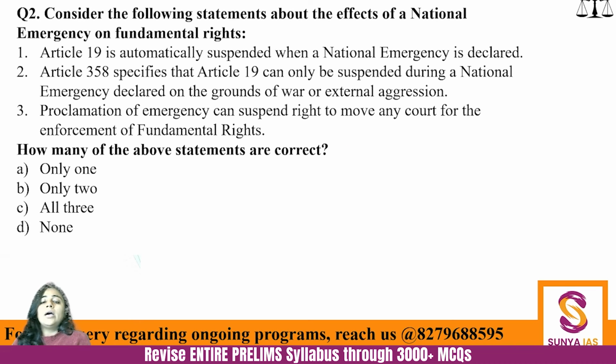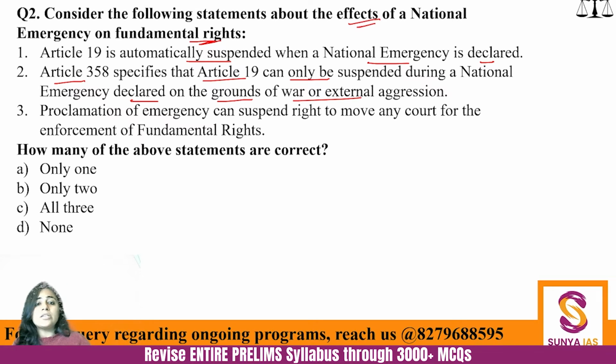Okay. Now, consider the following statements about the effects of national emergency on fundamental rights. Article 19 is automatically suspended when a national emergency is declared. Article 358 specifies that Article 19 can only be suspended during a national emergency declared on the grounds of war or external aggression.